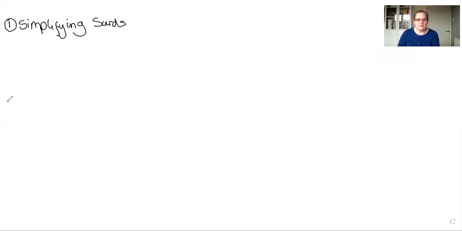So what we will start off with is simplifying our surds. And actually when we're simplifying surds, we want to keep in mind lots of algebraic terms that we've used in the past and the same ways that we would simplify in algebra.